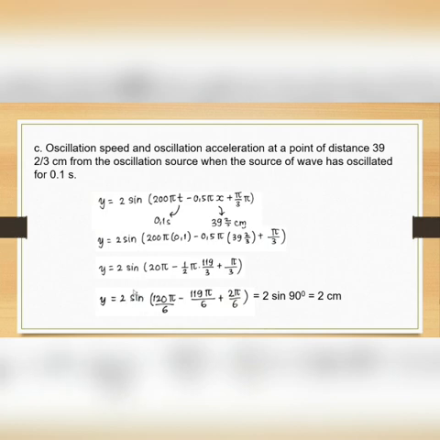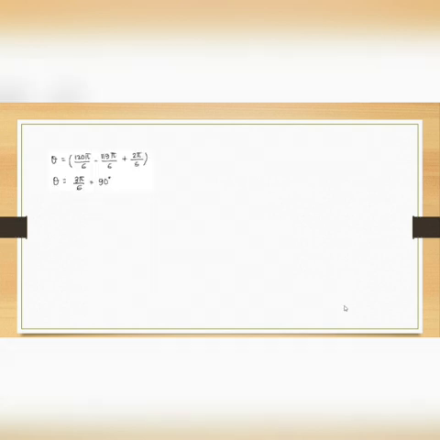So the displacement at that time will be 2 centimeters, because we know that theta is 120 pi over 6 minus 119 pi over 6 plus 2 pi over 6, which is 3 pi over 6, or 90 degrees.